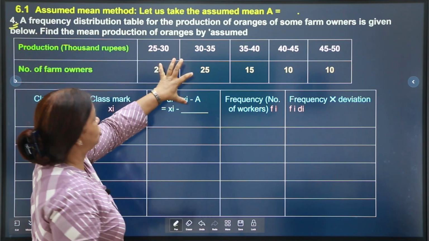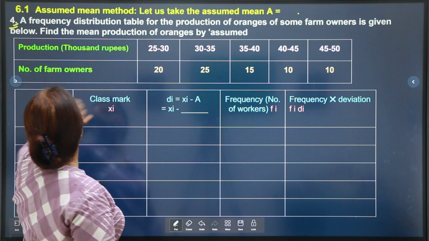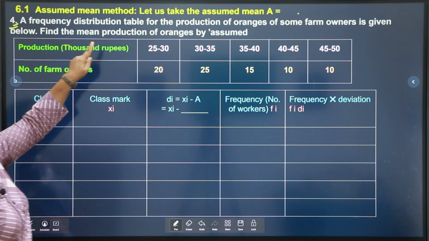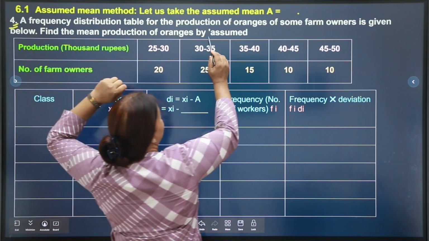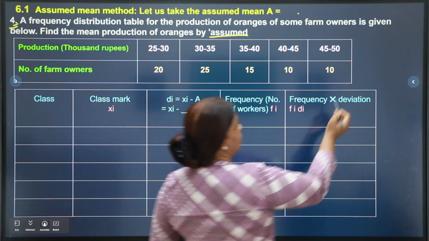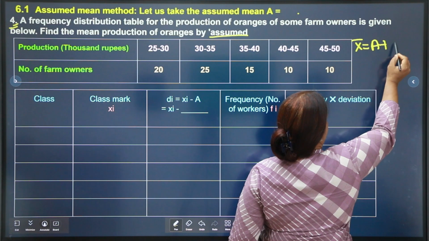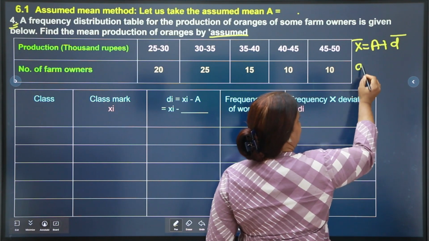A frequency distribution table for the production of oranges of some farm owner is given here. Find the mean production of the oranges by assumed mean method. Okay, and what is assumed mean method? You know, bar X is equal to A plus bar D. And what is bar D?